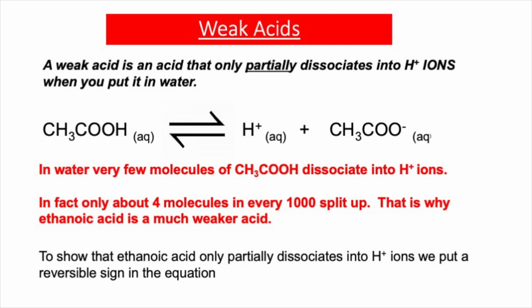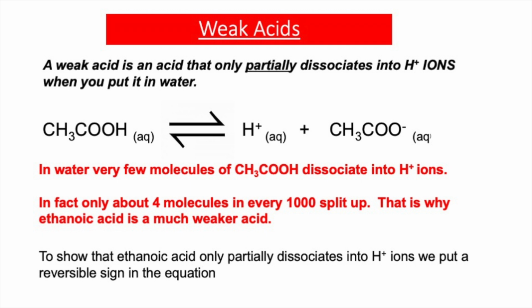And it splits up into H+ ions and ethanoate ions, CH3COO-. And you'll notice that I put a reversible sign, because when ethanoic acid splits up into H+ ions and ethanoate ions, the ethanoate ions and the H+ ions can rejoin and form ethanoic acid.